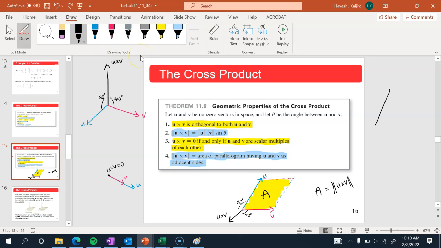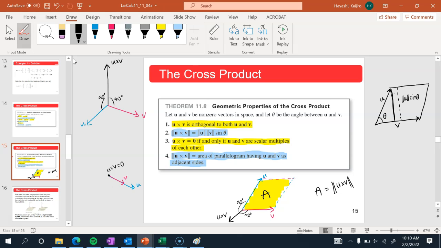So this is v, this is u, and then this will be the magnitude of u sine theta, if this is theta. And you can find that by making a right triangle here.